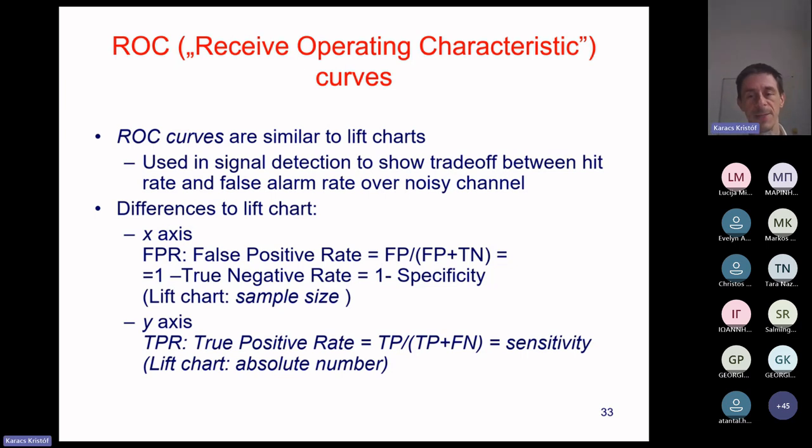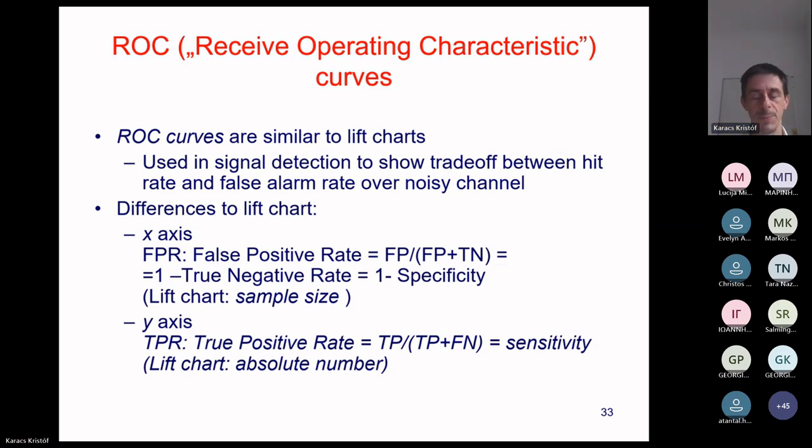Now, if we apply this for machine learning, then we can define so-called receiver operating characteristic curves. And they work in a similar fashion as lift charts do.